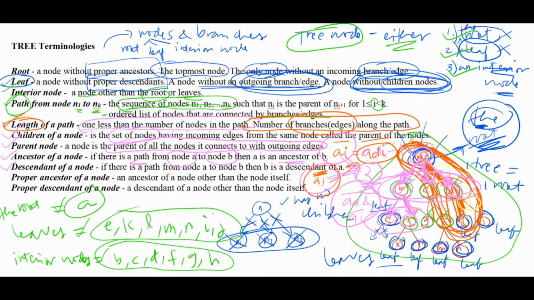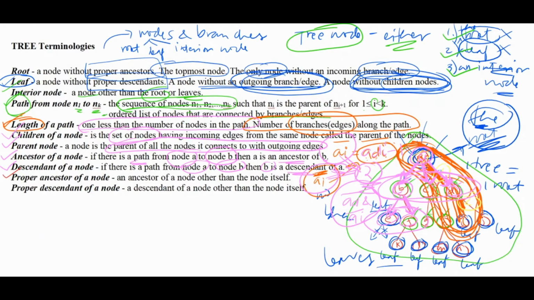Next is descendant of a node. If there is a path from node A to node B, then B is a descendant of node A. What is proper ancestor of a node? It is an ancestor of a node other than the node itself. And the definition of proper descendant of a node is a descendant of a node other than the node itself.